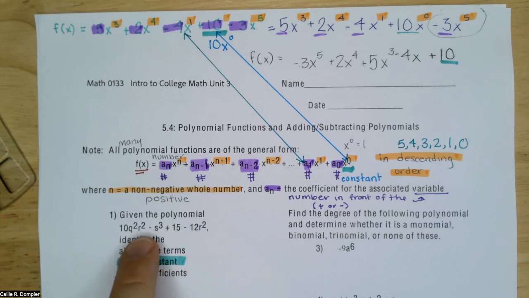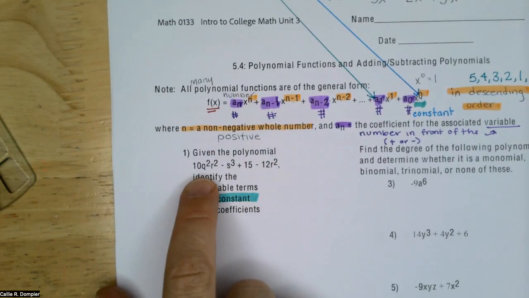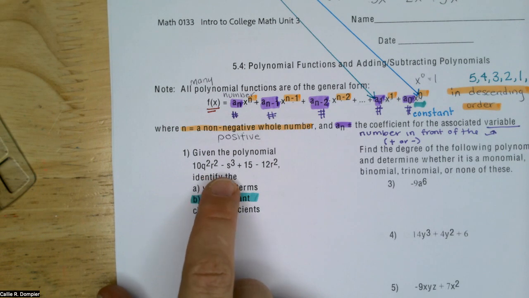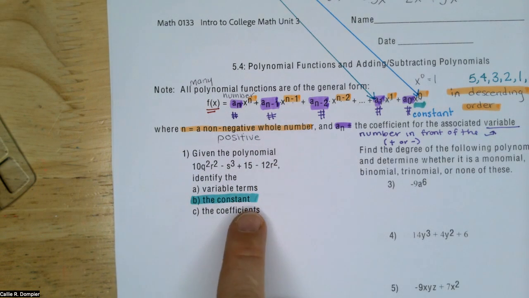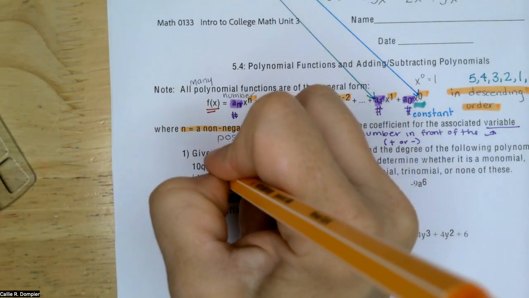All right, so given the polynomial 10q squared r squared minus s cubed plus 15 minus 12r squared, what are the variable terms? Okay. The variable terms are each term. How many are there?